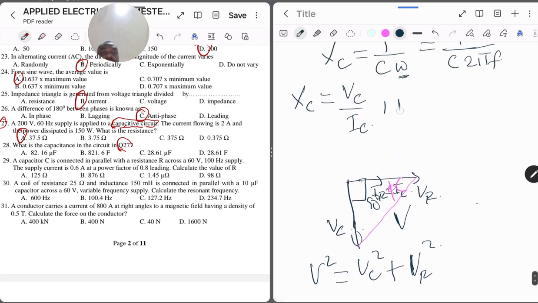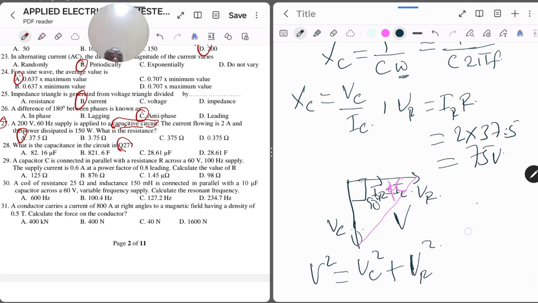VR will be equal to the current IR times its resistance. The current here is 2, and the resistance which we got was 37.5. So 37.5 times 2, then I get 75 volts.